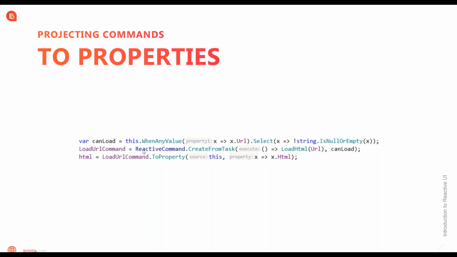It's almost the same, and this time we don't need it because the reactive command is already an observable thing. And when we invoke the to property method, like we did before with the full name, we are projecting the result of the load HTML method to this property.